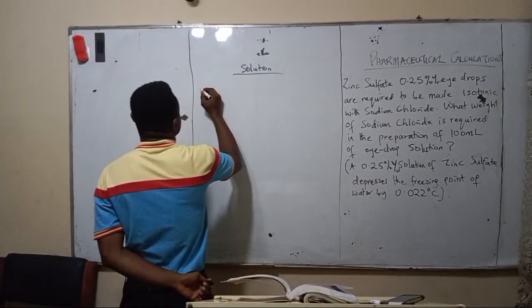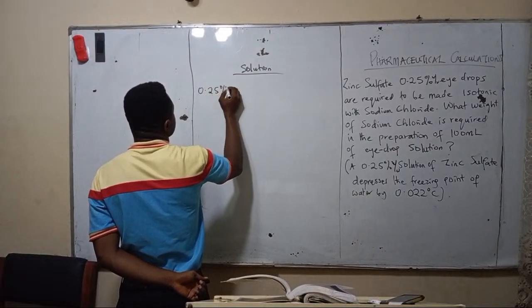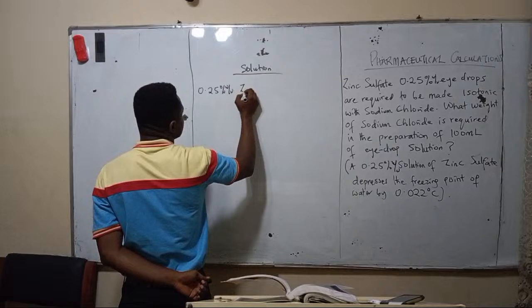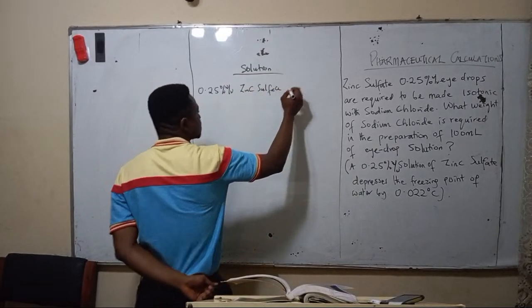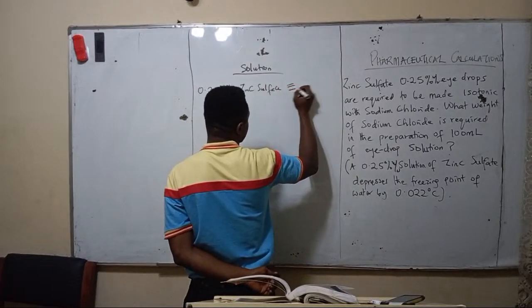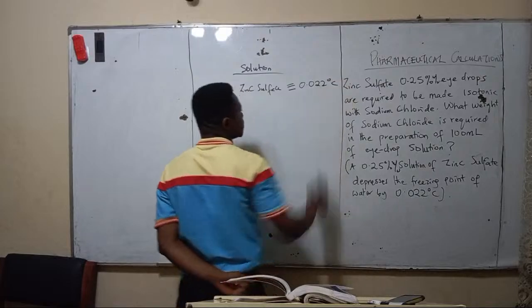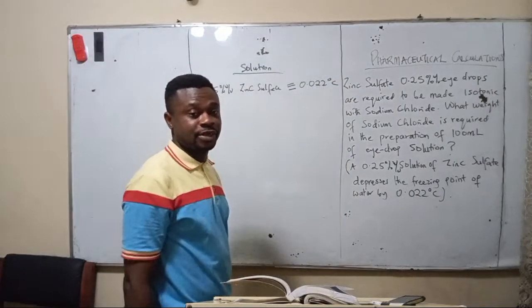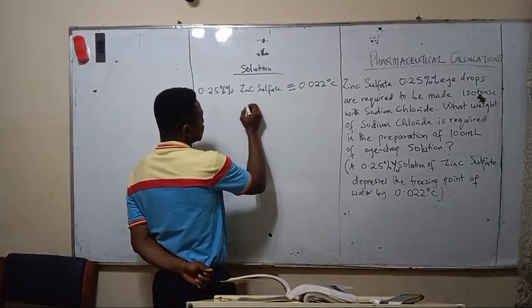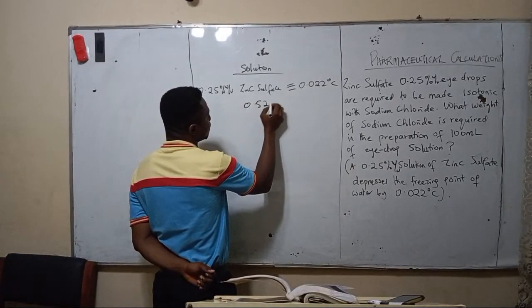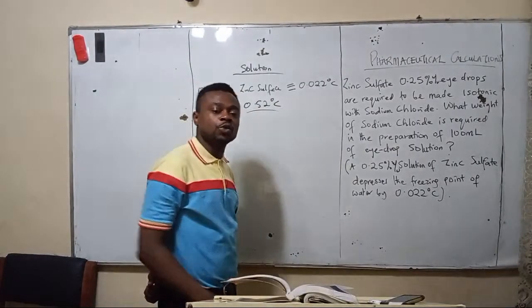So 0.25% weight in volume zinc sulfate causes 0.022 degrees Celsius freezing point depression. But we need a freezing point depression of 0.52 degrees Celsius for this solution to be isotonic. What do we now do?